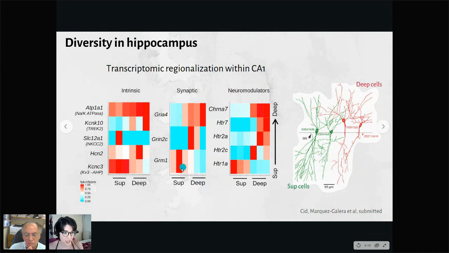We can see that gene expression in deep and in superficial cells is different, these genes being responsible for both intrinsic and synaptic properties. Here we could ask ourselves, is this the mechanism underlying cell-specific functionality?